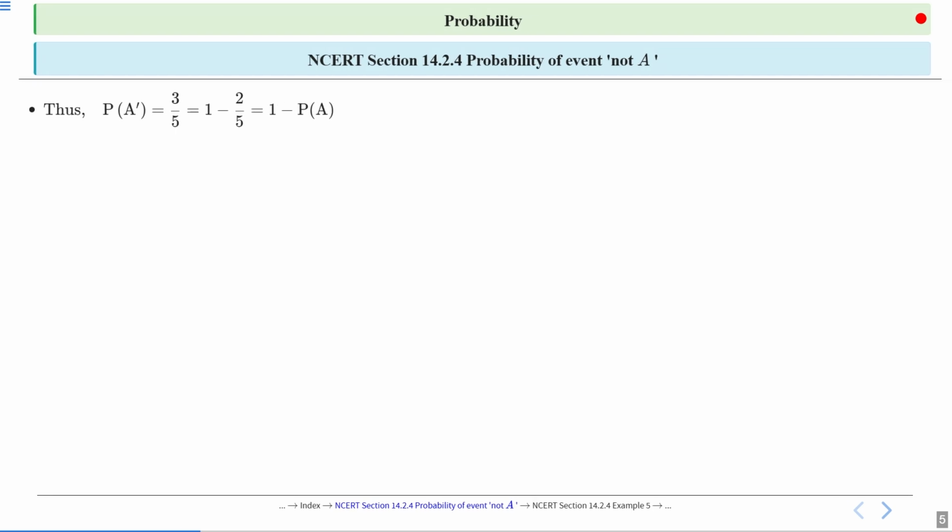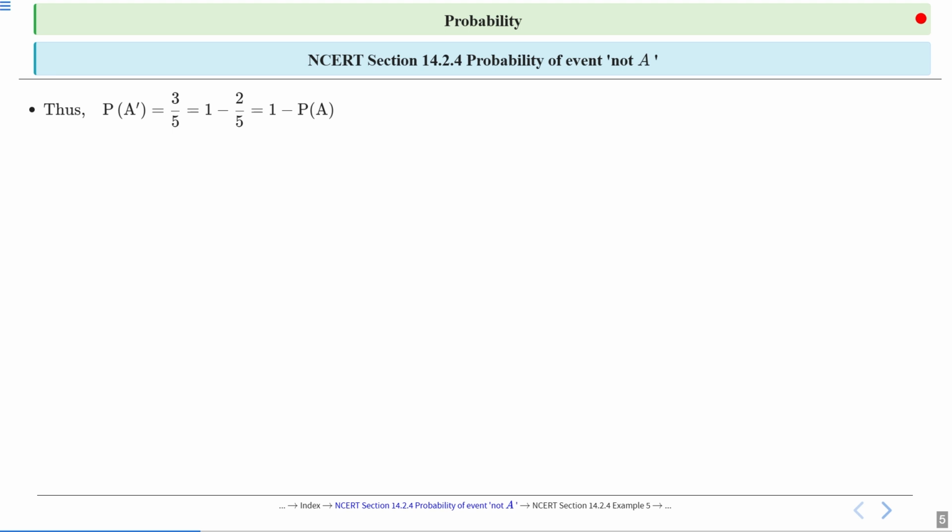So now, thus probability of A complement is equal to 3 over 5, we have calculated already. So we can rewrite 3 over 5 as 1 minus 2 over 5. Can we write it? So probability of A complement is equal to 3 over 5, and it can be written as 1 minus 2 over 5.